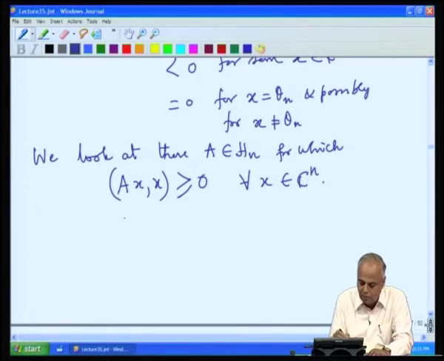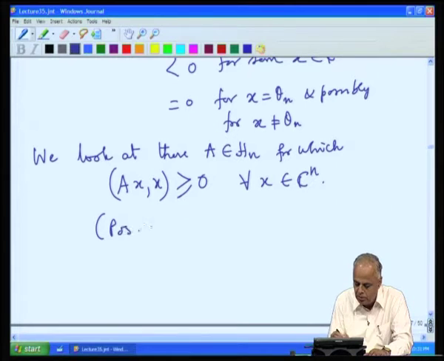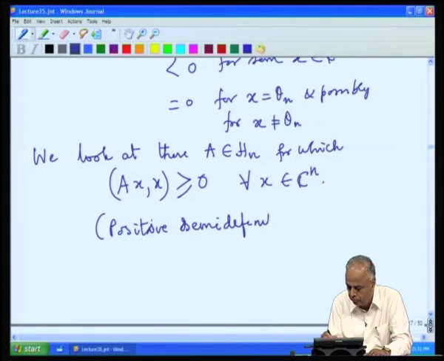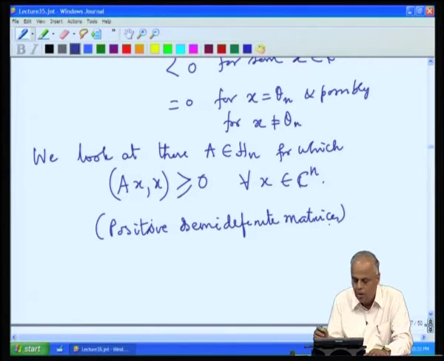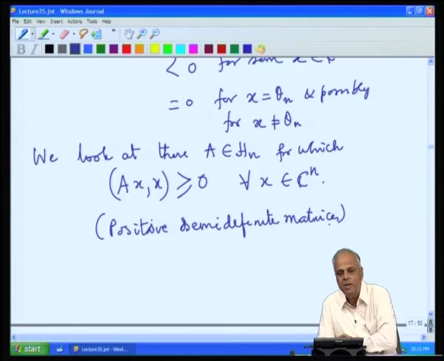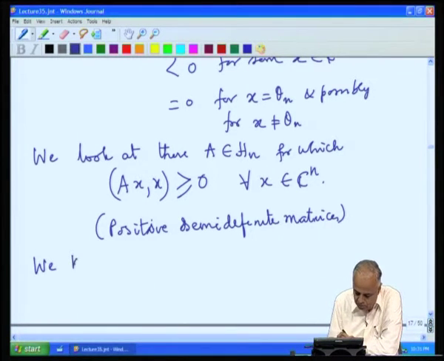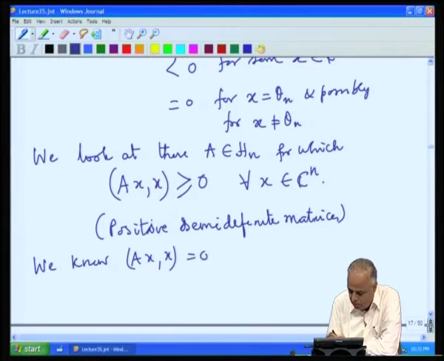Such matrices are called positive semi definite matrices. Now, we know that A x comma x is 0 when x is equal to theta n. We know A x comma x is equal to 0 when x is the 0 vector.